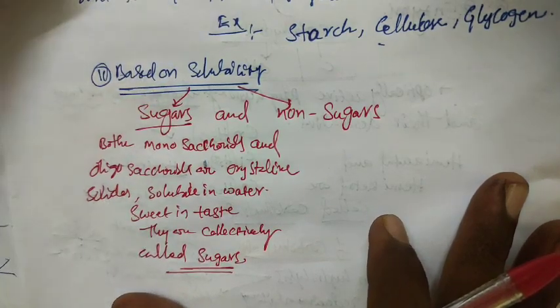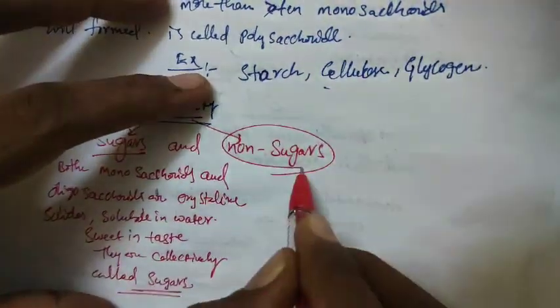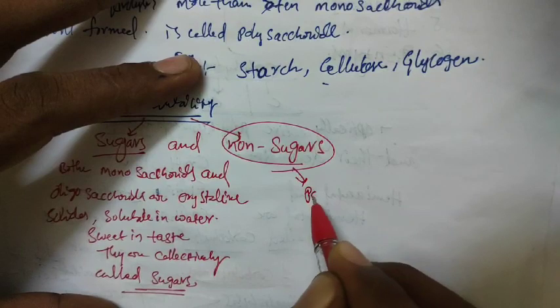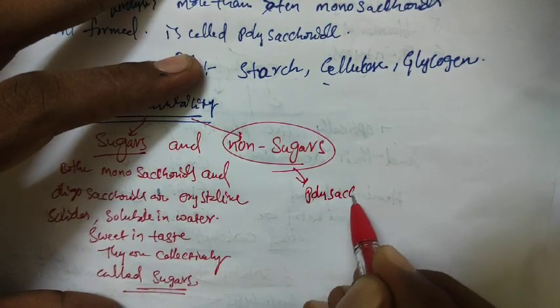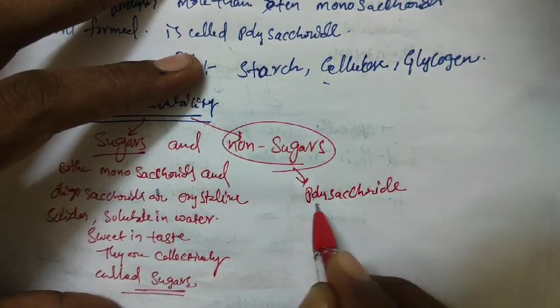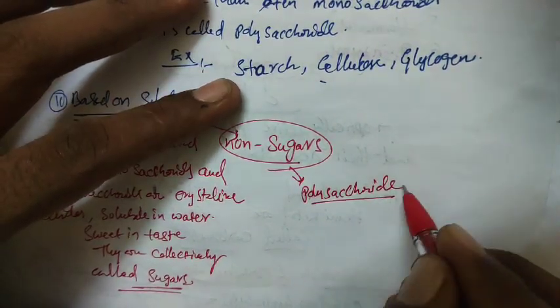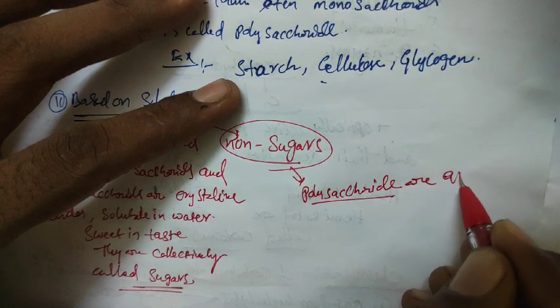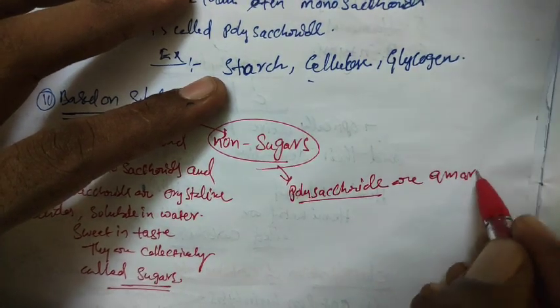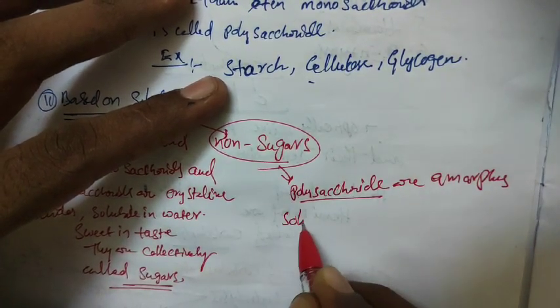Now, what are non-sugars? Non-sugars are polysaccharides. Polysaccharides are not crystalline; they are amorphous solids.